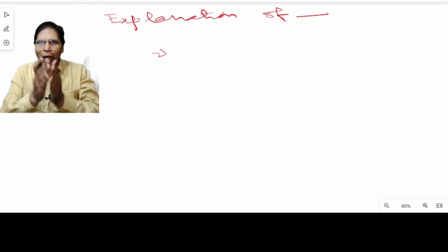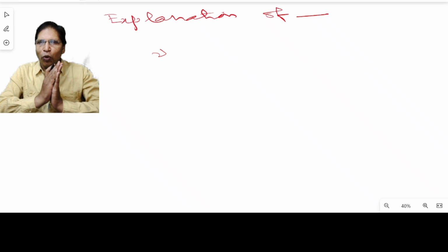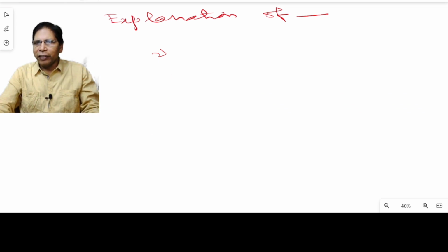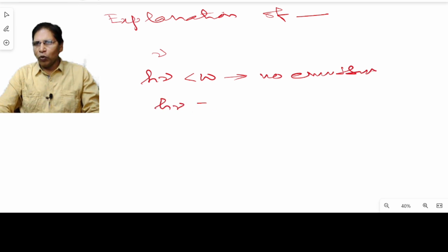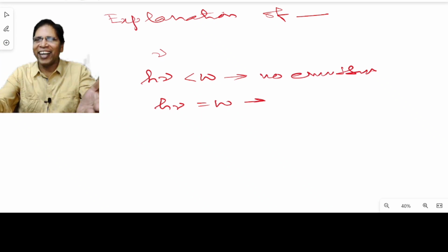If the electron absorbs the whole energy of the photon, then three possible cases arise. If the absorbed energy h nu is less than the work function, no emission takes place. Okay, understood? If h nu equals W, then emission takes place with zero kinetic energy.